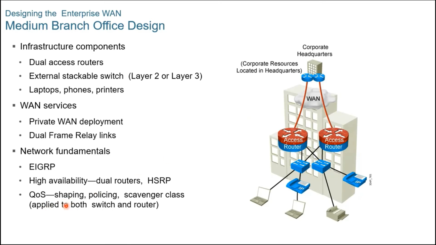The QoS mechanisms used include traffic shaping and policing, and the implementation of the scavenger class of traffic applied on both the switch and the ISRs.